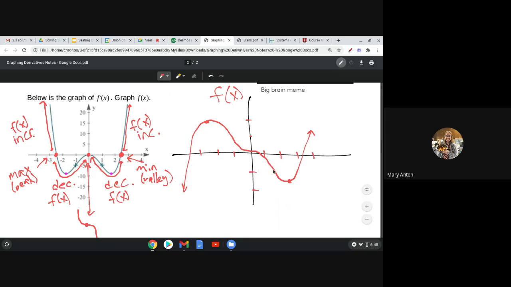And then at 2.5, our slope again is 0, and we switch from decreasing to increasing. So that's how you would think about drawing a sketch of a function graph given a derivative graph. Just focus on when the slope is 0, when your function is increasing, and when your function is decreasing.